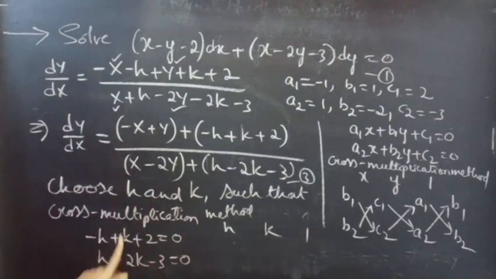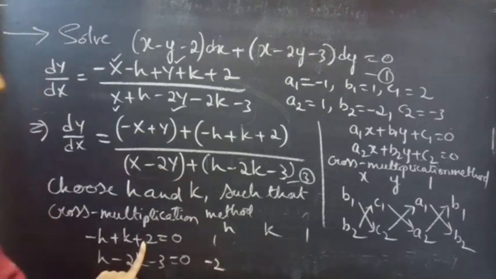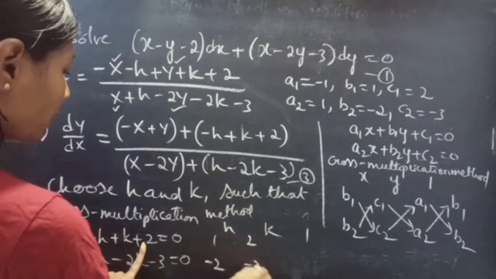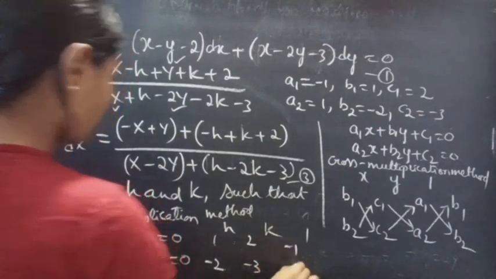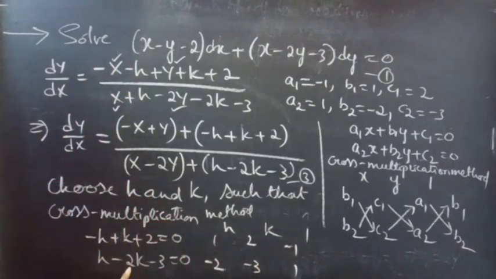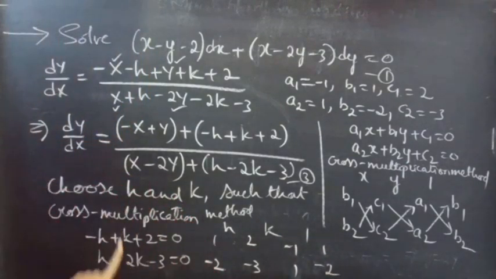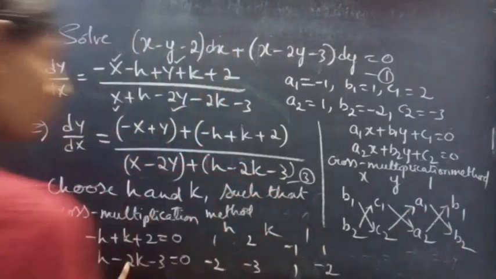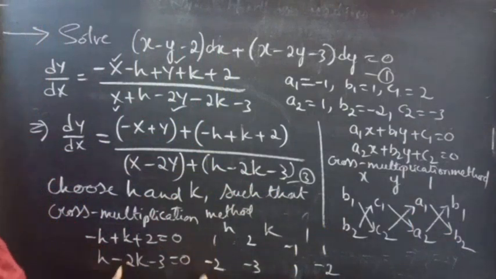Firstly write the coefficients of k, 1: minus 2, constants 2, minus 3, then the coefficients of h: minus 1, 1, and again the coefficients of k, 1: minus 2. See, it ends with b1 b2 and also starts with b1 b2.